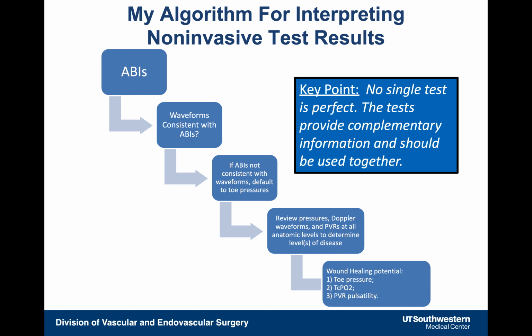And if I have an open wound, or I'm planning on creating an open wound with an incision, let's say a transmetatarsal amputation, then I always try to look at all the data that I have available: toe pressures, PVR waveforms, and transcutaneous oxygen levels if your lab measures them. I've been at labs that did not measure them, and I've been at labs that did measure the transcutaneous oxygen levels. So not every lab will provide that information.